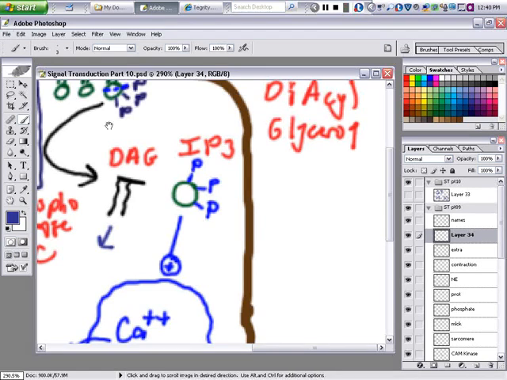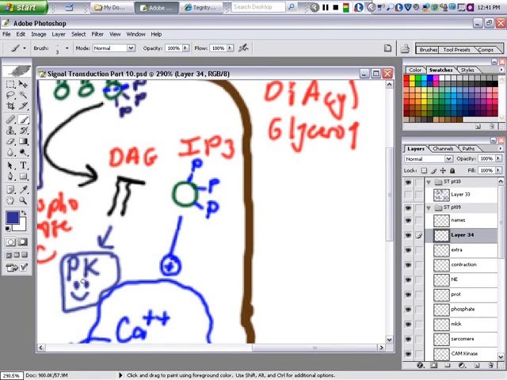Now, we have DAG. DAG activates a protein kinase. You're going to get it wrong the first time when I ask you what the letter of this protein kinase is, because you're going to be thinking a certain way. But then it's going to make sense to you, kind of.